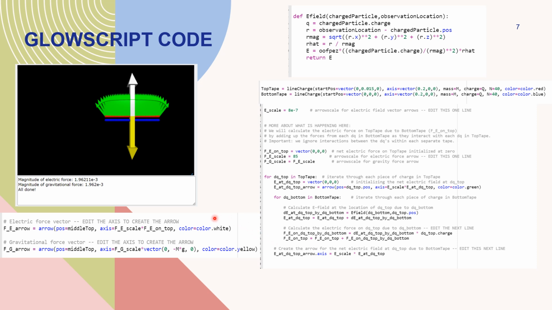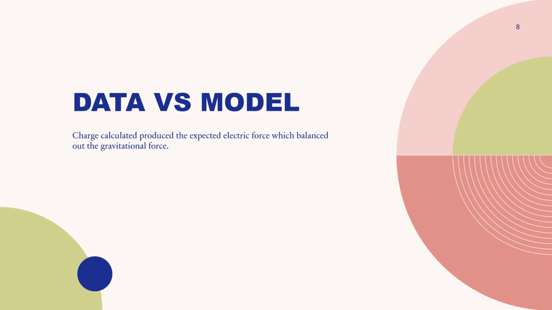We then drew the force arrows for the electrical and gravitational forces over here, and we changed the axes accordingly to our result. All the charge calculated produced the expected electric force, which balanced out the gravitational force as shown in the slide before.